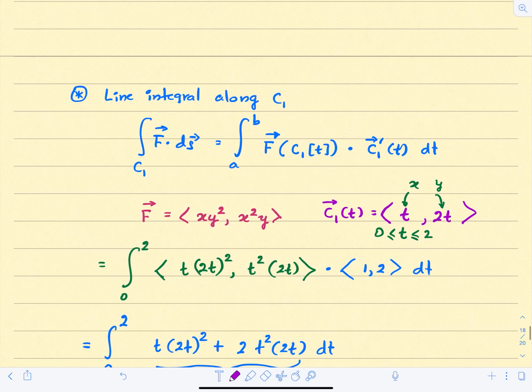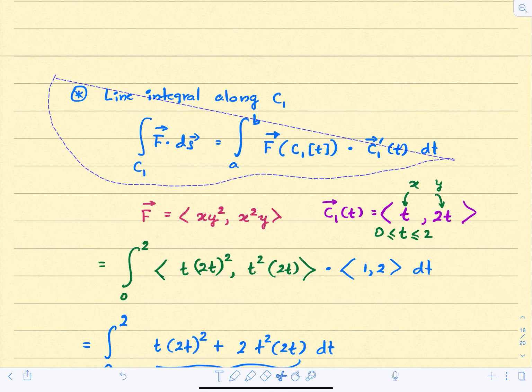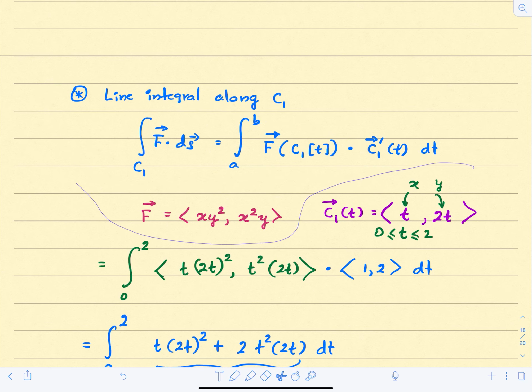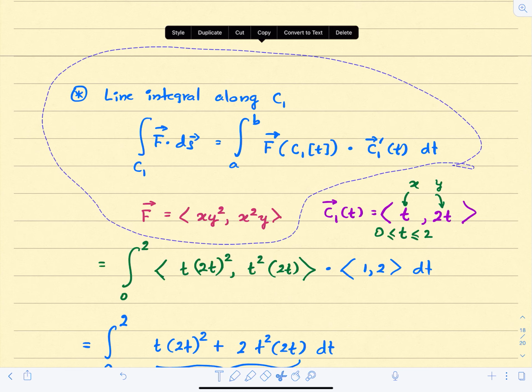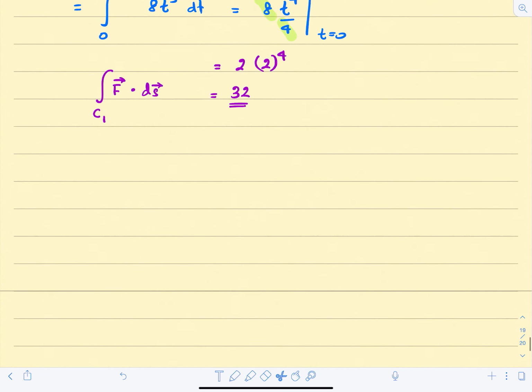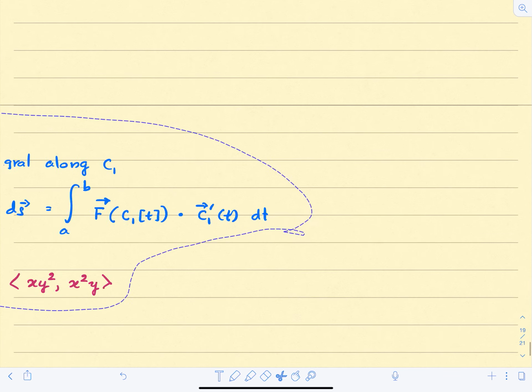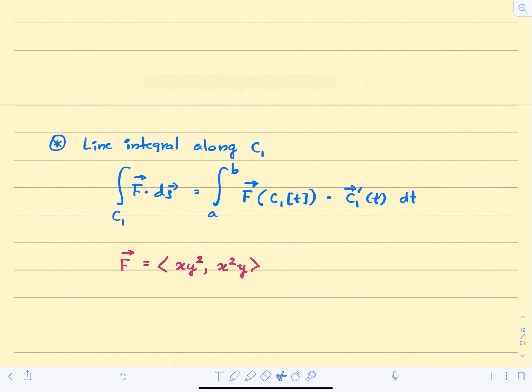Now we are going to consider the second path. Let me change this.